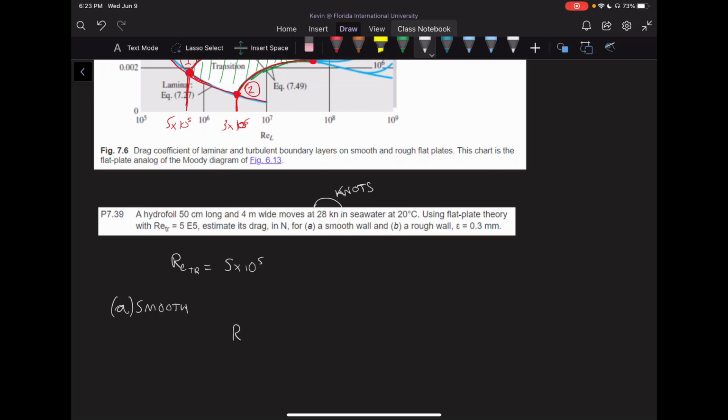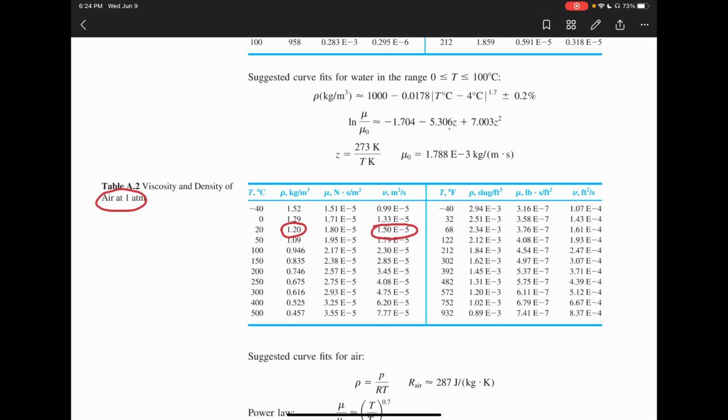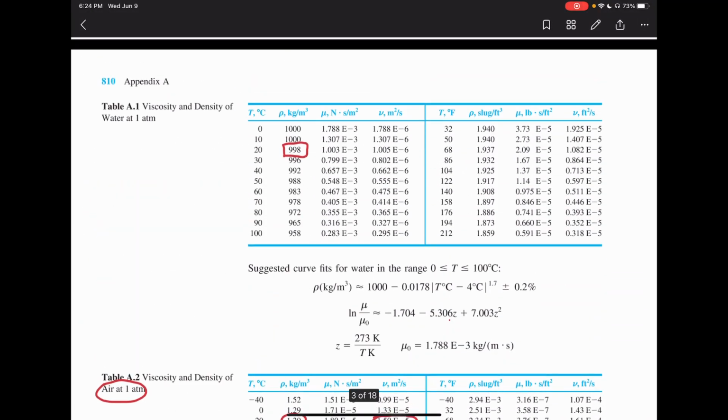We know that Reynolds of L is equal to rho times velocity times L over mu. We're going to use the full equation now because we're looking at seawater. If we go to our tables, we need to find rho and mu for seawater.